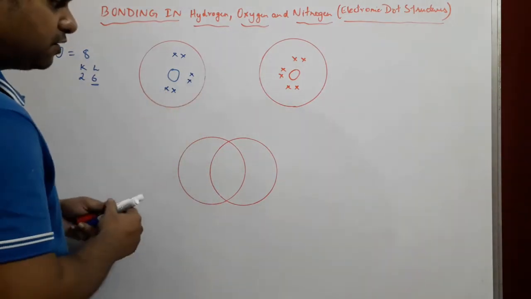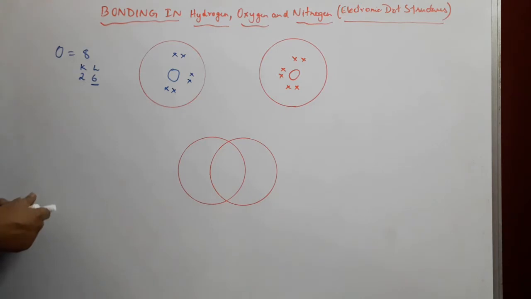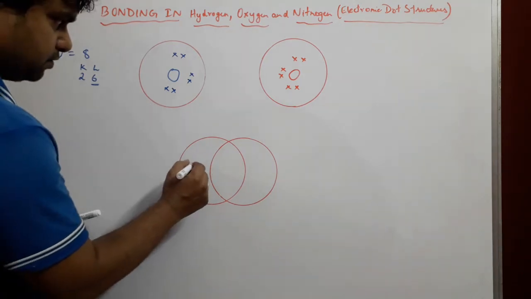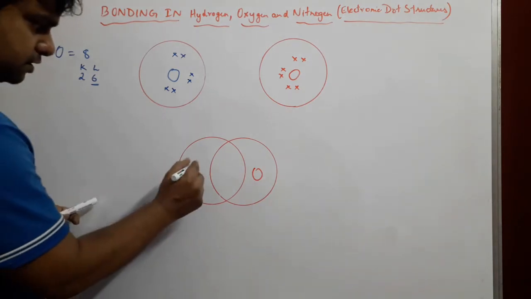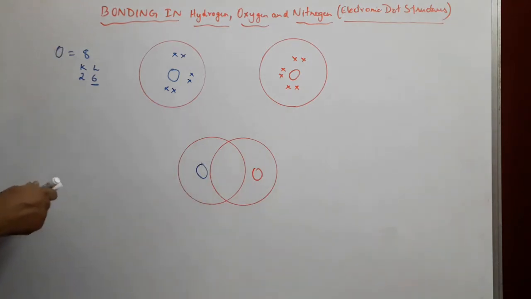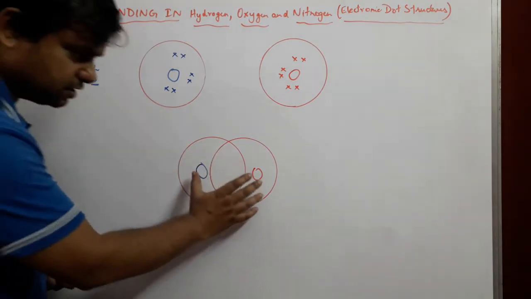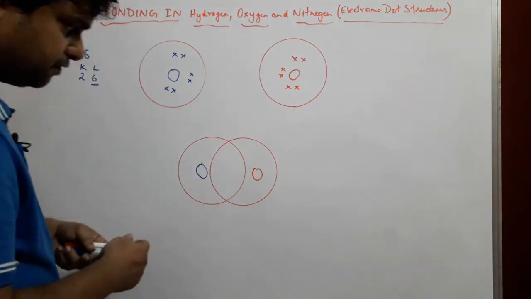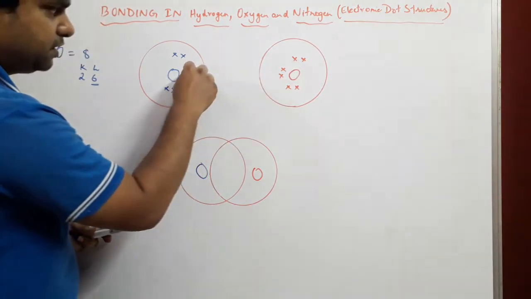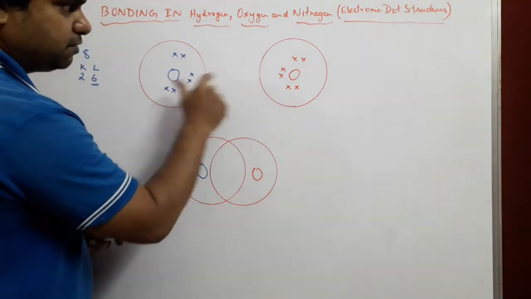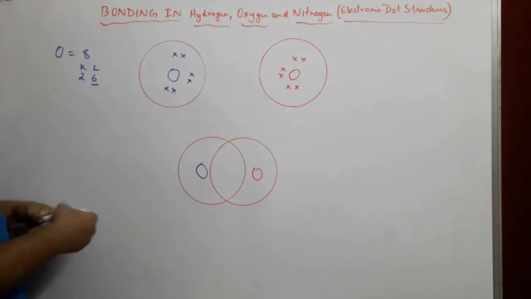Now, how does the bonding take place between two oxygen atoms? We'll put an oxygen atom over here, and another oxygen atom over here. So these are two oxygen atoms. Now these overlapping circles represent the sharing between them. Only these two electrons which you see over here get shared.